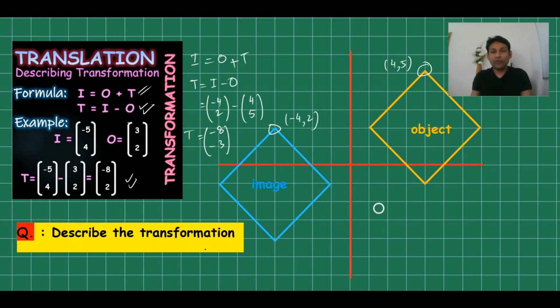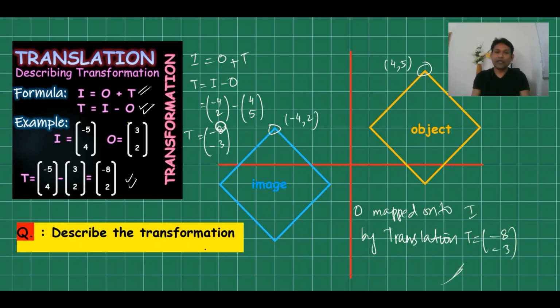So we have to write this object is mapped onto image by translation. You have to use this word translation. What translation is this? Minus 8 and minus 3.